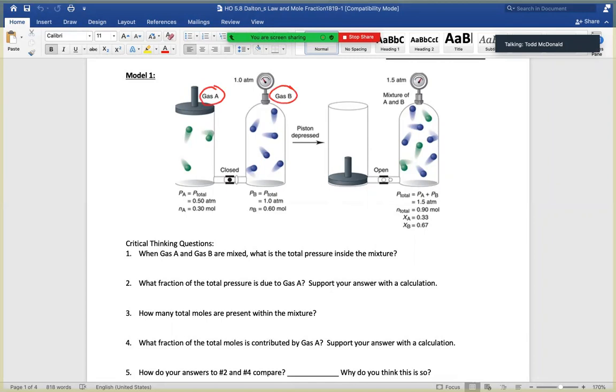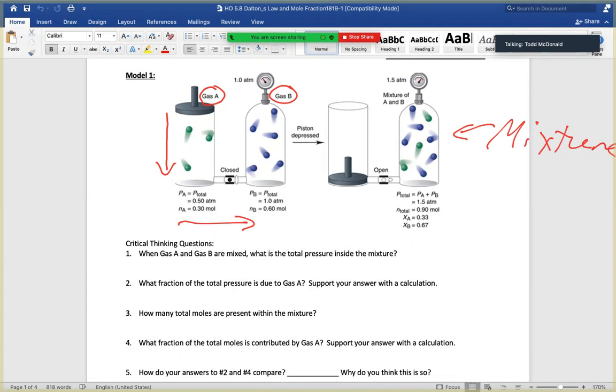The plunger on the top is going to go down, and as it does, it forces gas A into the same container as gas B. So on the right, this is a mixture of both gas A and B.